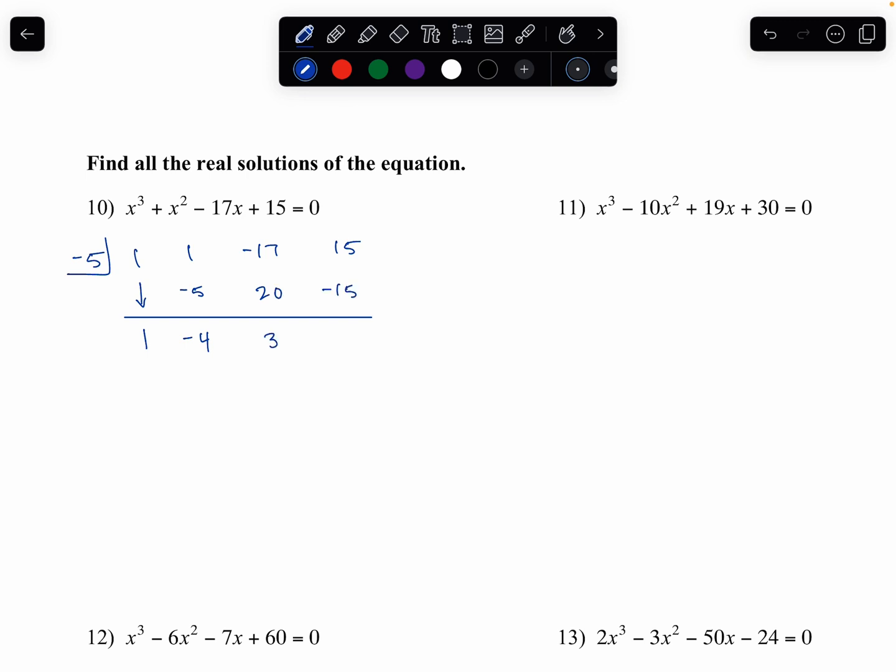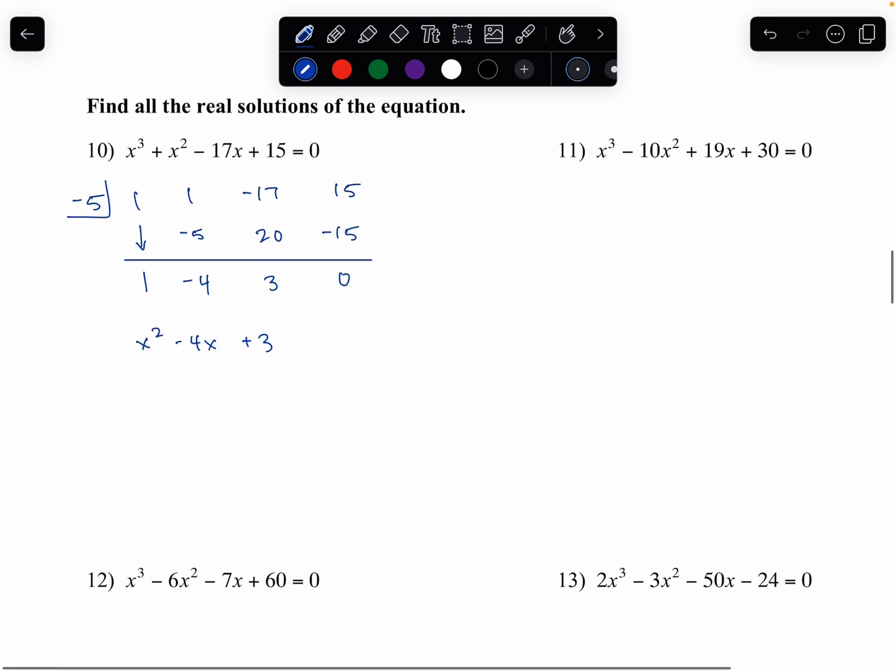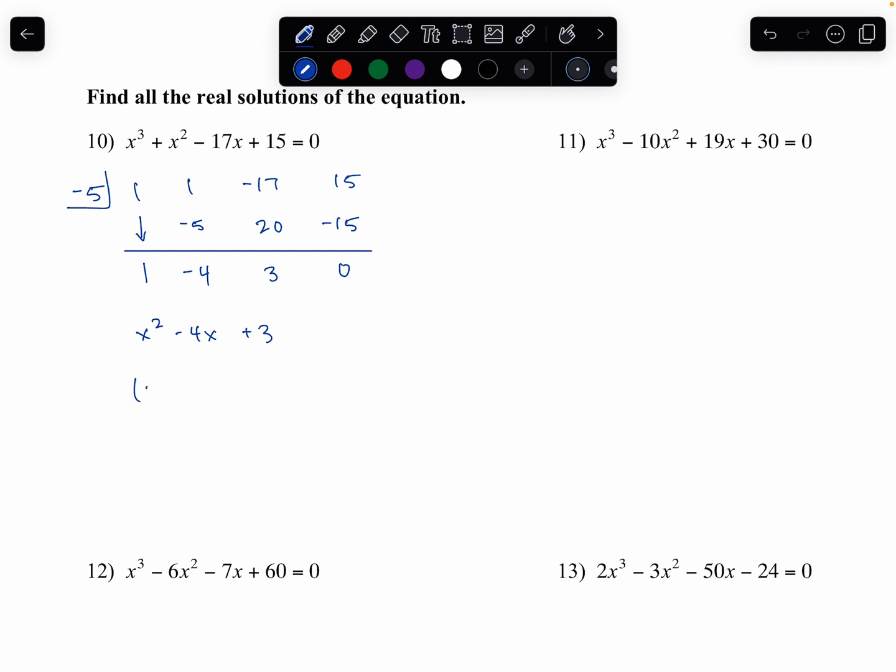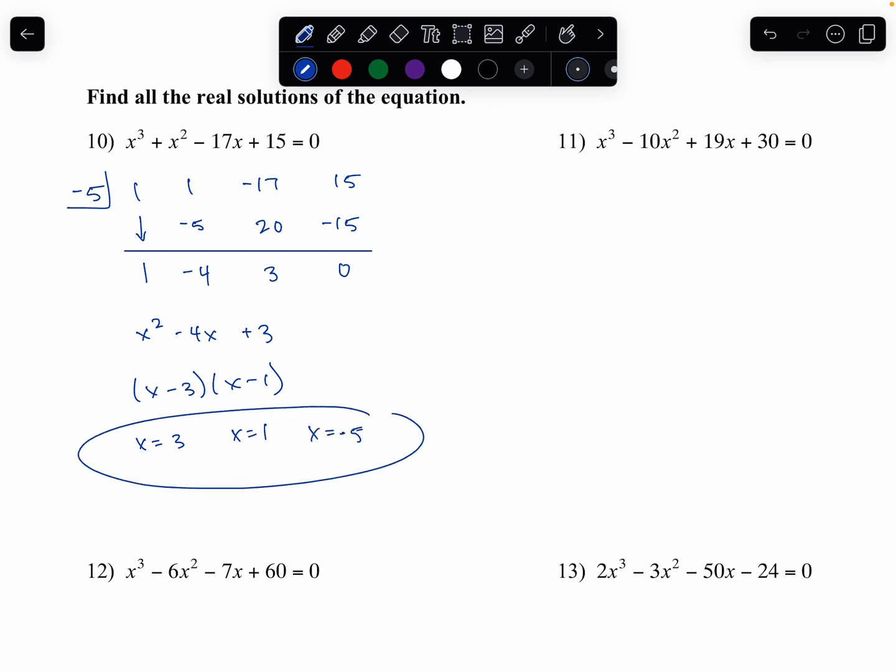Get negative 15. I get 0. This is x squared minus 4x plus 3. And then I'm going to factor that more. I'm going to get x minus 3 and x minus 1. So my solutions are x equals 3, x equals 1, and x equals negative 5. So those are the three solutions there.